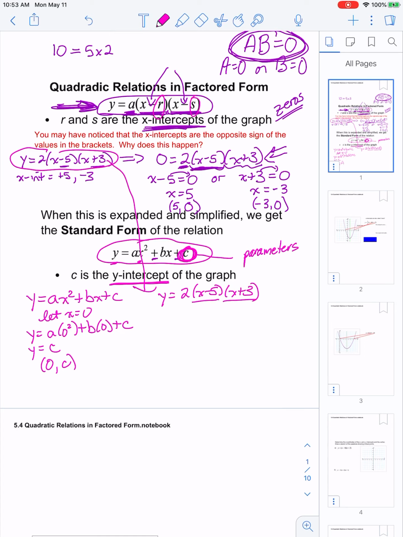What you do not do is multiply the 2 into this bracket and the 2 into that bracket. That would be like taking y equals 2 times 3 times 4, multiplying 2 times 3, getting 6, multiplying 2 times 4, getting 8, and telling me that the answer is 48, when we already know 2 times 3 is 6, times 4 is 24.